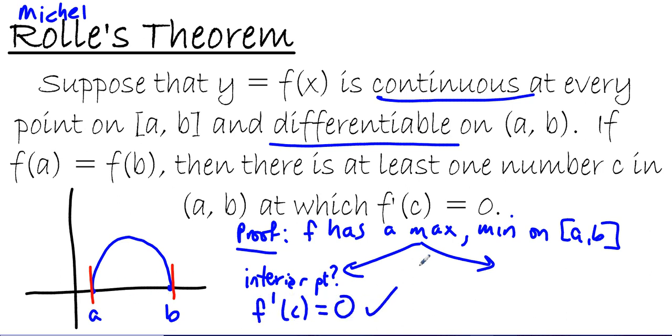We know that the derivative has to be 0. Hooray. If the max and the min both occur at the endpoints, then the function has to be a constant function. And if that's the case, its derivative is 0 all the way across. So you pick any c and you're fine.